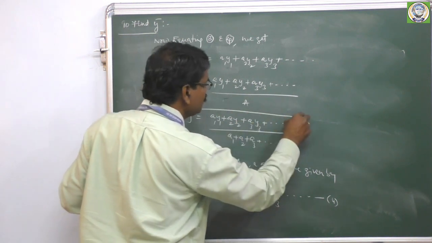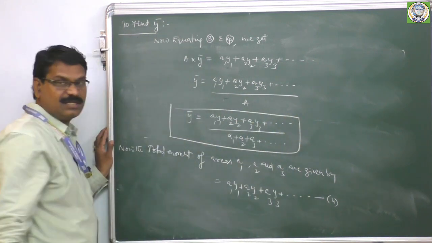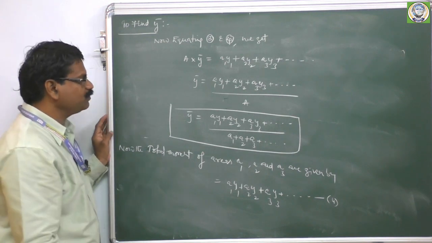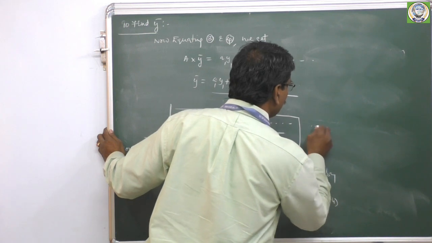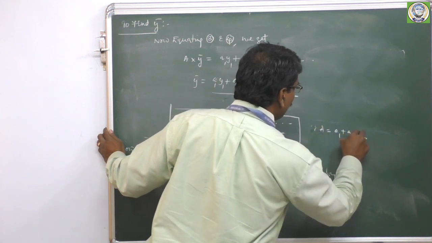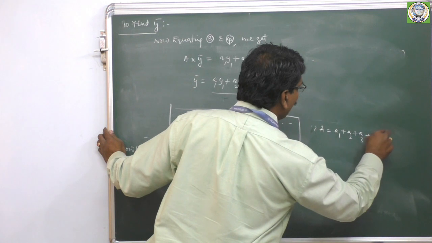Here Y represents the centroidal y-axis and A represents the total area, since capital A is equal to A1 plus A2 plus A3 plus so on.